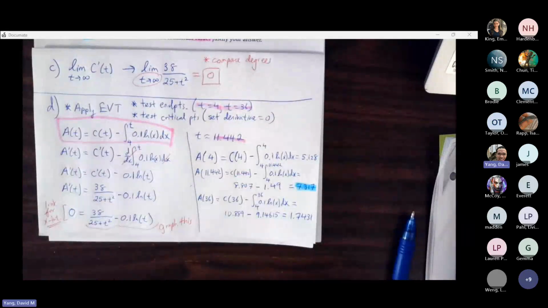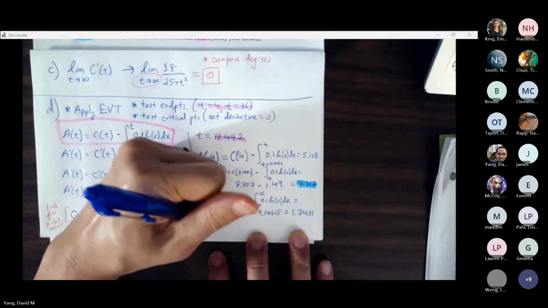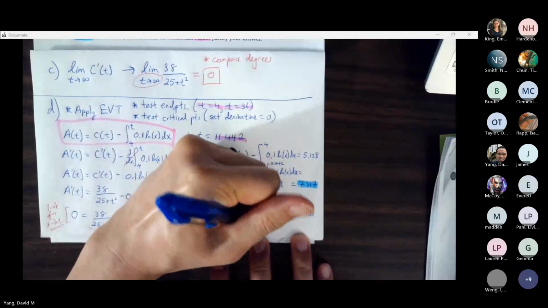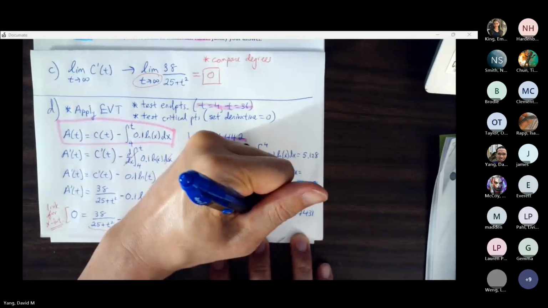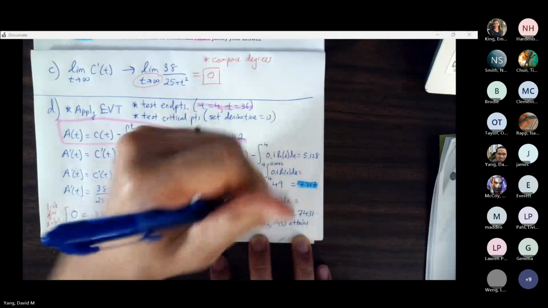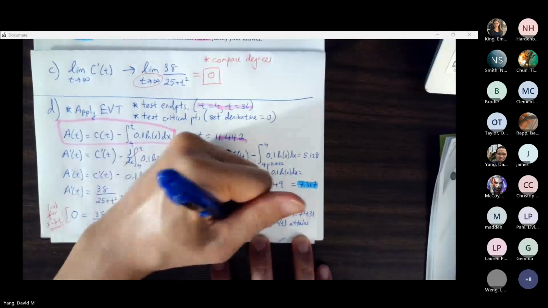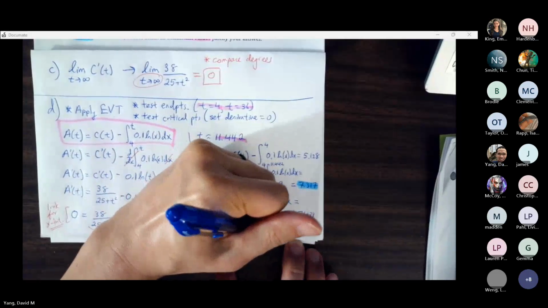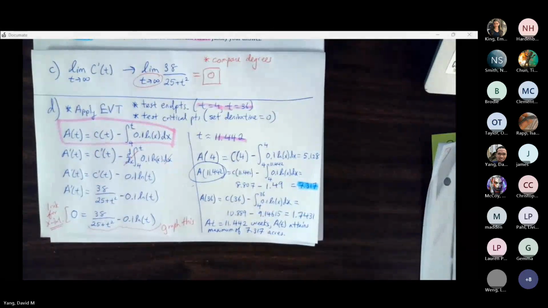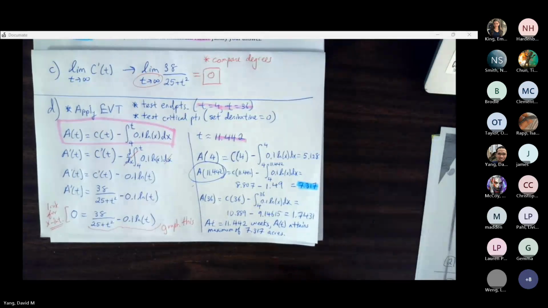So we can say at t equals 11.442, this is what they're asking for.